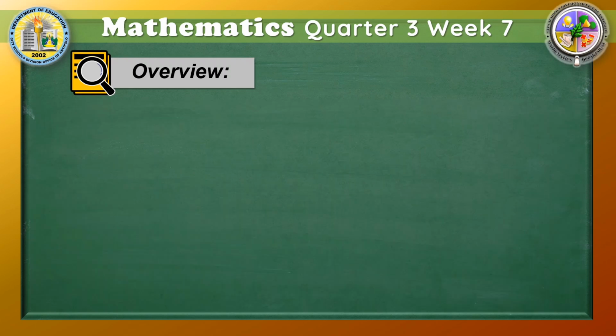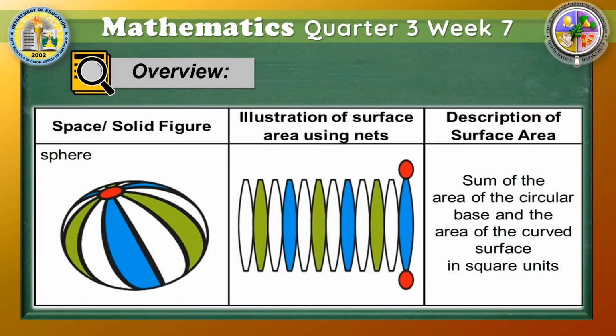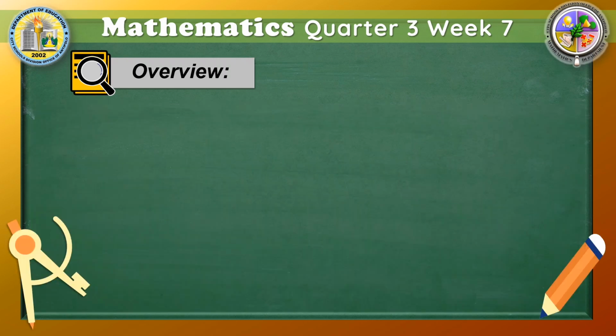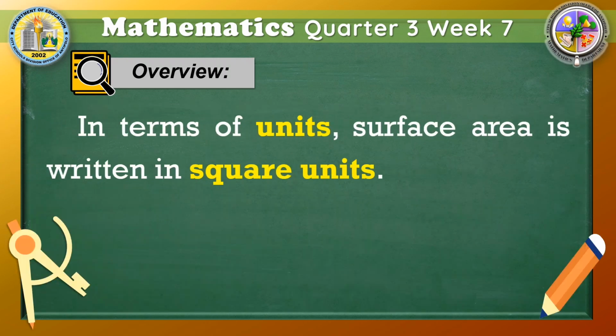The last solid figure is a sphere. The net shows that it occupies curved surfaces. The surface area is described as the sum of the area of the circular base and the area of the curved surface in square units. In terms of units, surface area is written in square units.